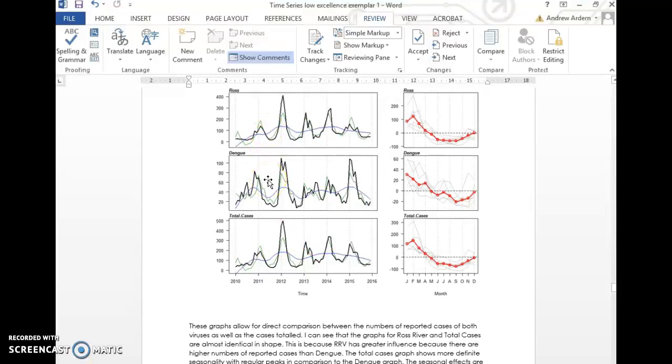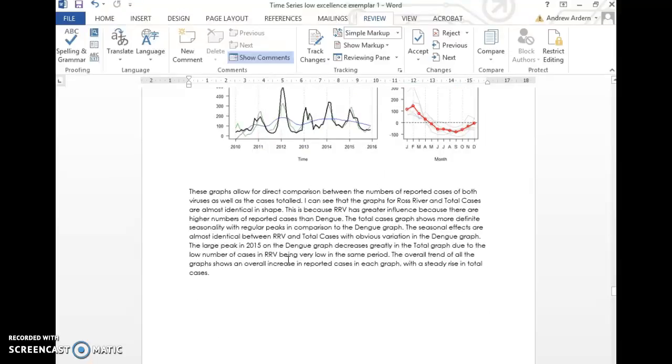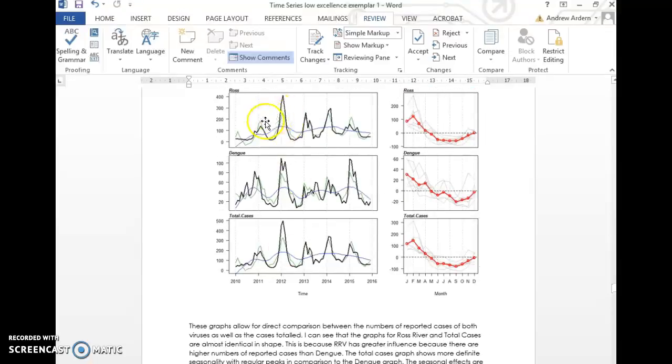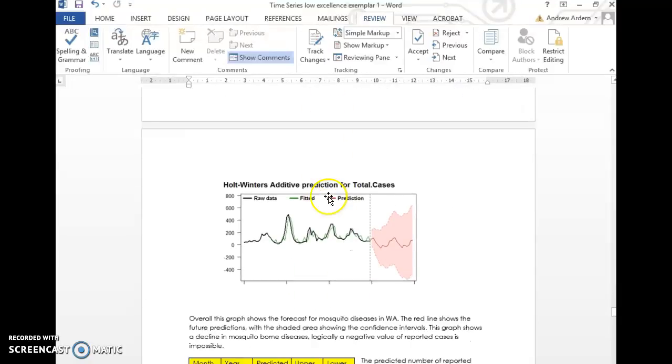So this context was actually about diseases that were cropping up in America, and looking at 2 of them, and they've done a total. So it was almost set up to do that, and it would be a bit of a mistake not to actually do a total or just to look at one of them if you're gunning for excellence. And just something interesting here.